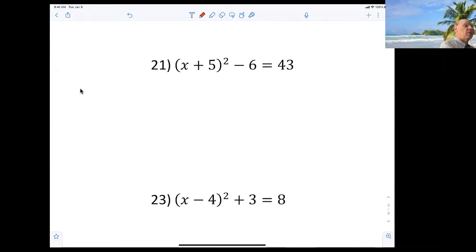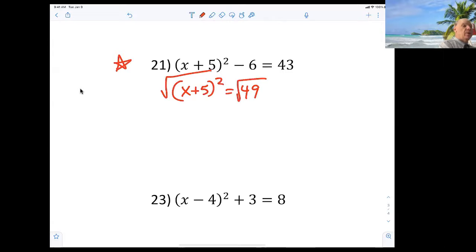Number 21. Now just a little bit harder. Pay attention, this is new. I'm adding 6, so I have x plus 5 squared equals 49. Now what's the square root of 49?